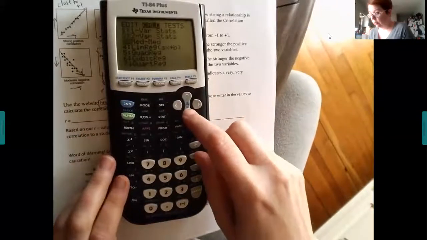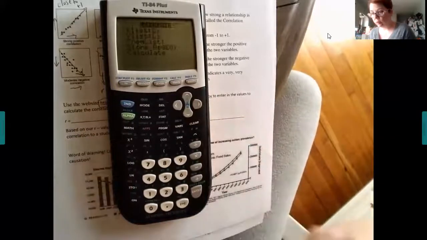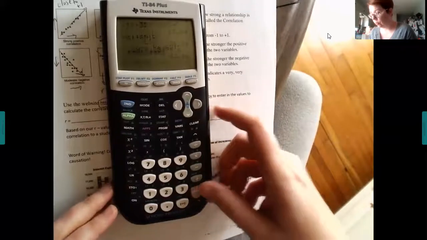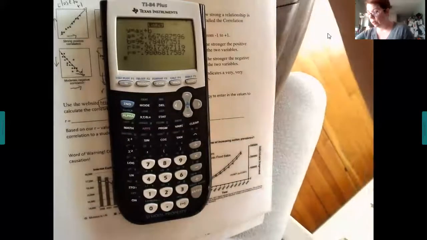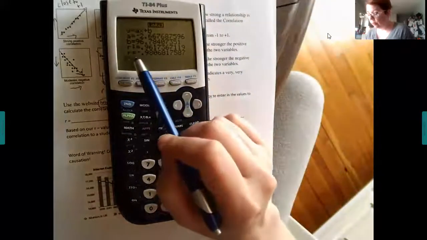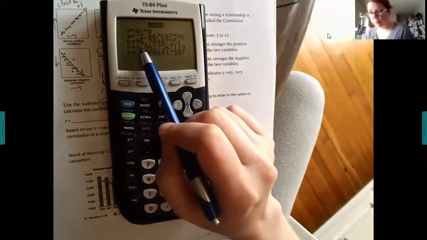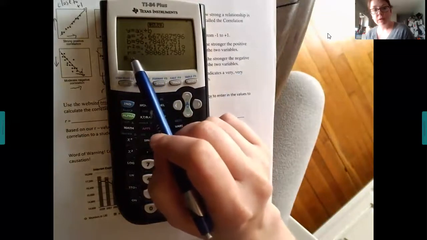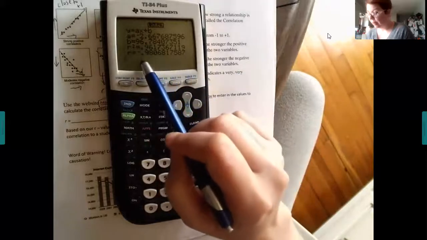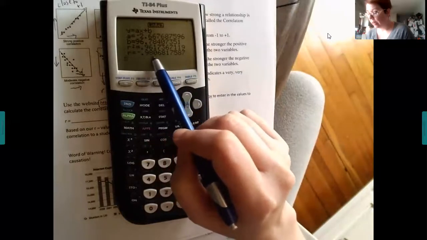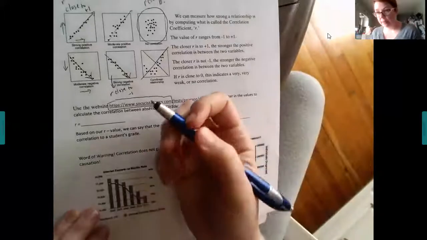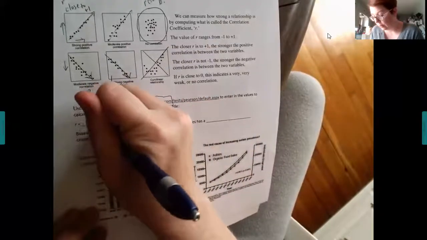So using the calculator, again, just for demonstration purposes about what it looks like. Here we get an R squared value, but that's not what we look at. We look at R, just the R value. So we get R equals -0.98 from that absences and final grade data.